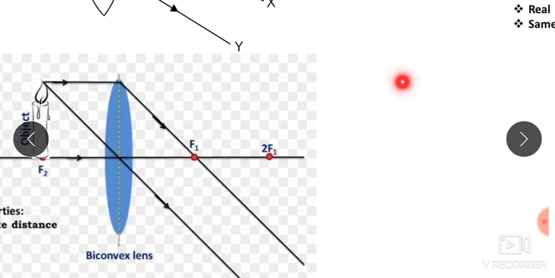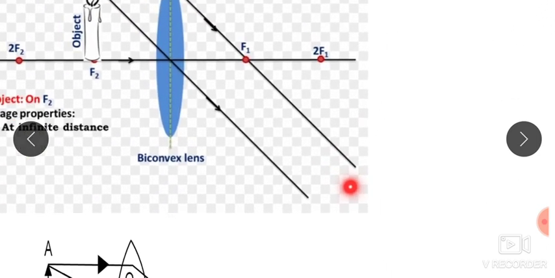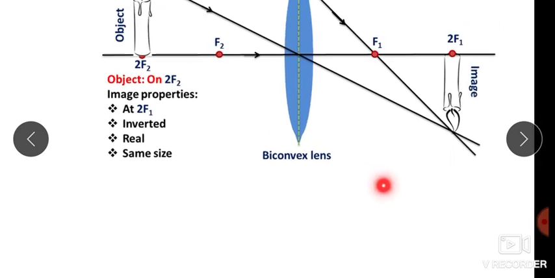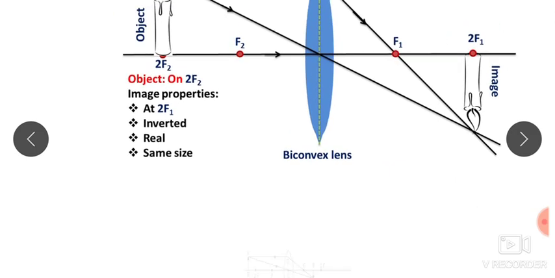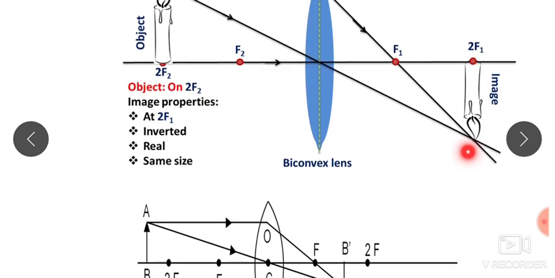In the previous case, the image was at infinity; here it is forming in between. Now here it is forming the same size. The next case is diminishing: at infinity it is so much enlarged, in the next case it is enlarged, and in the above case it is equal size.